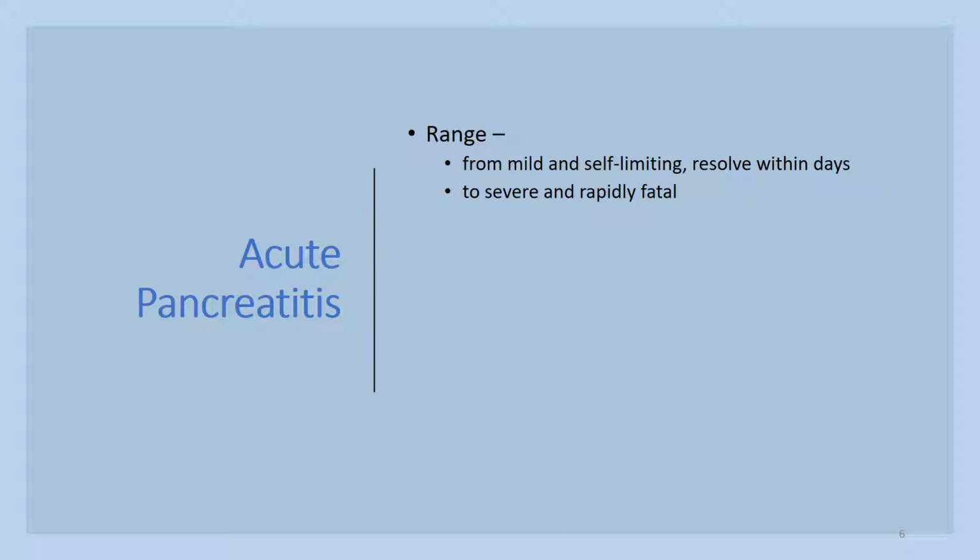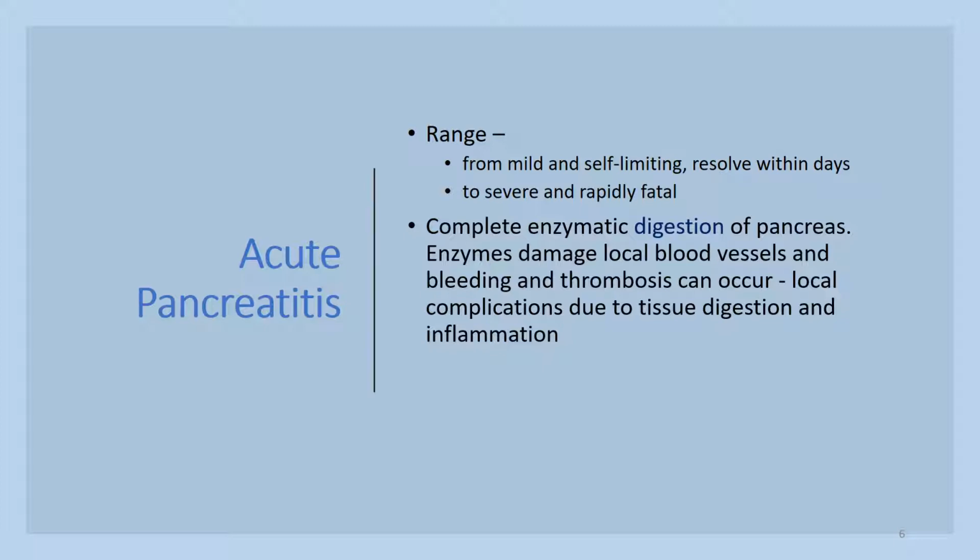Discussing acute pancreatitis first, it ranges from mild and self-limiting, which will resolve within a period of days, to severe and rapidly fatal acute pancreatitis. Severe acute pancreatitis can be a result of complete enzymatic digestion of the pancreas.